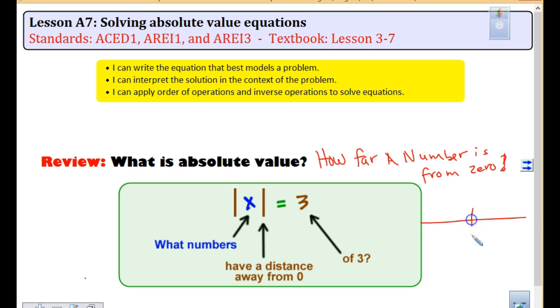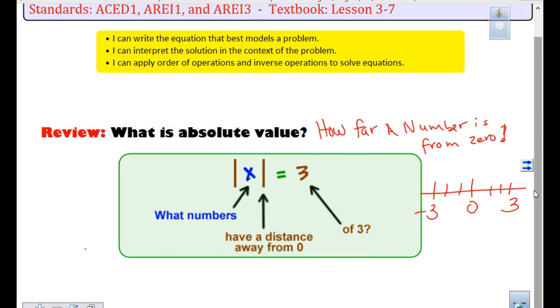Because if you think of your number line, here's 0, right? 3 units away, you're going to have negative 3 and you're going to have positive 3. Both are 3 units from 0. Okay? So when we talk about what is absolute value of 3, if I was writing this answer, I might write down what 2 numbers are 3 units away from 0, 3, and negative 3.